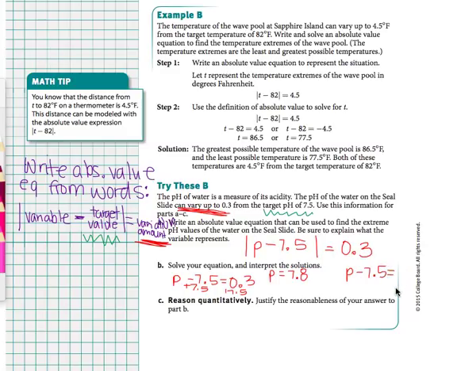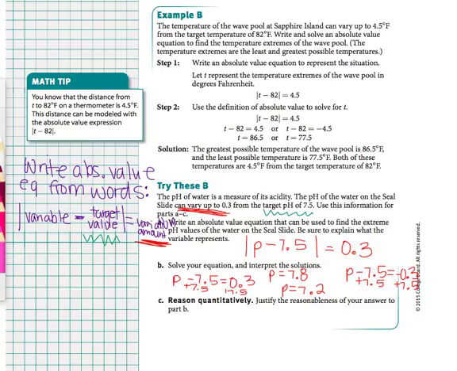And I set it equal to the opposite of what I did in the first one. So negative 0.3. Still going to add the 7.5 to both sides, but here, since the 0.3 is negative, I get P equals 7.2.